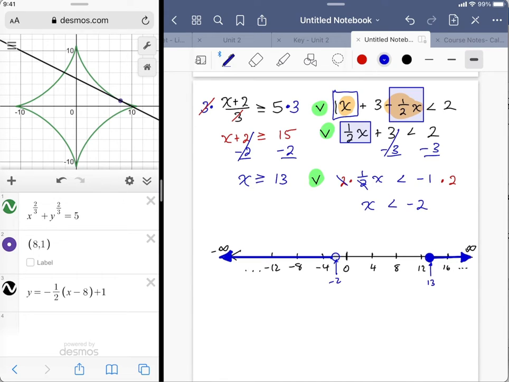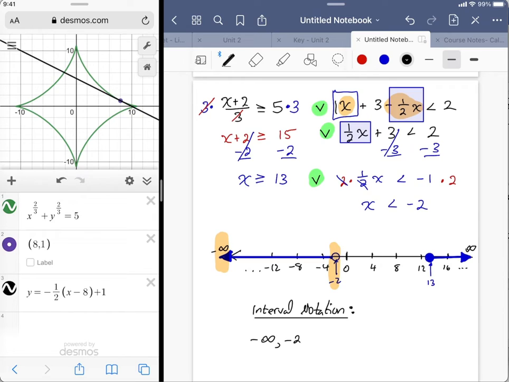Now for interval notation, I want to be thinking about the start and the stop, and I want to create a union. For each piece here, I have a start and a stop. So my start is -infinity.